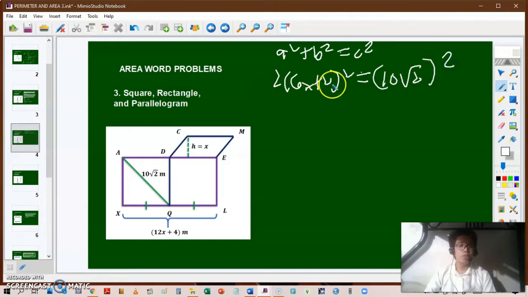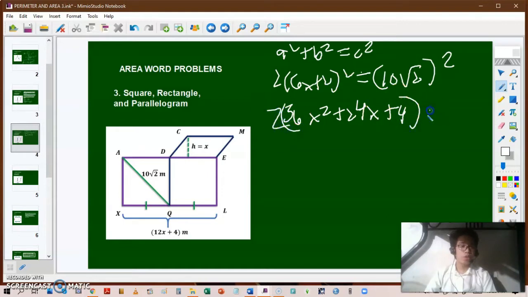So what's 6x plus 2 squared? That's 36x squared plus 12x plus 12x, so 24x, and then 2 times 2, that's 4, and then times 2, is equal to 10 square root of 2 times 10 square root of 2, which is simply 200. So we have to distribute the value of 2 here for our equation.